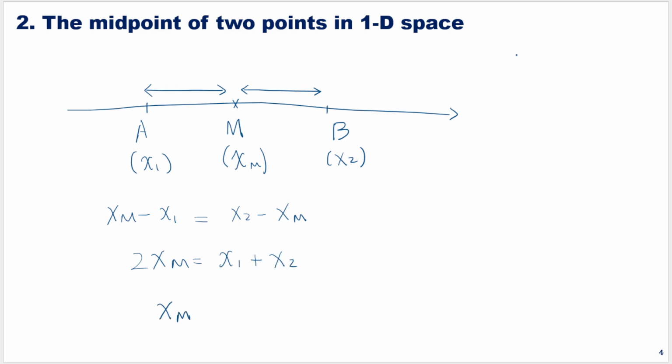Then we can solve for the coordinate of the midpoint: xm is half of the sum of x1 and x2. Do you get it?